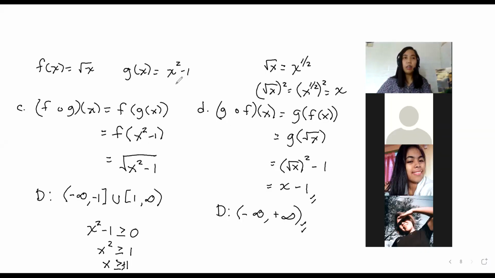Ang G natin kanina, okay, ang G natin ay x squared minus 1. X squared minus 1. Dapat F composite G, this one.